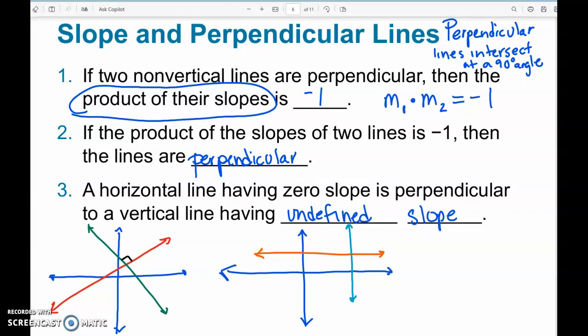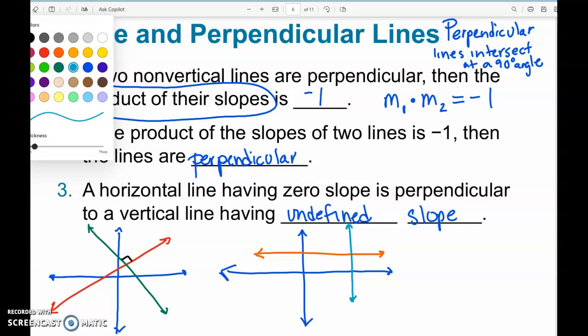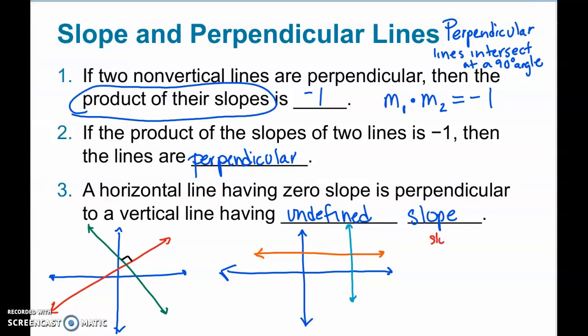So now for this one, let's say this is the slope of line 1. In the case of this one on the left-hand side, let's say the slope of line 1 is 2/3.